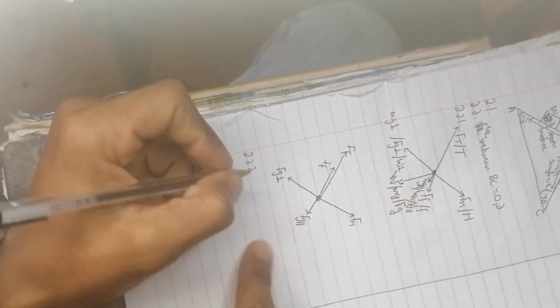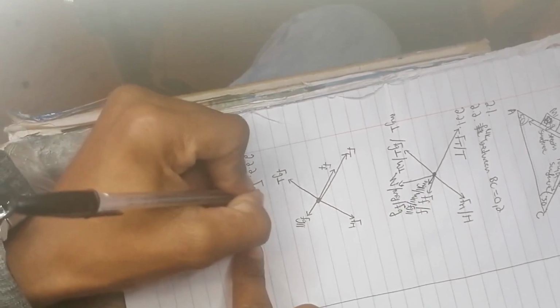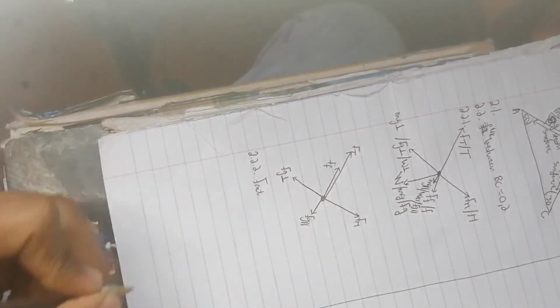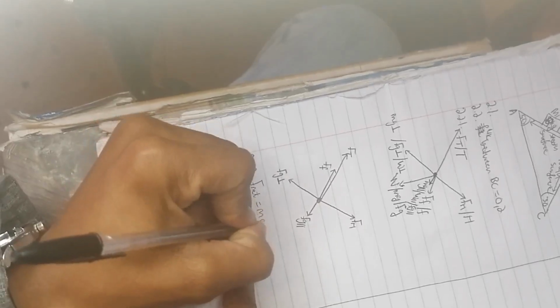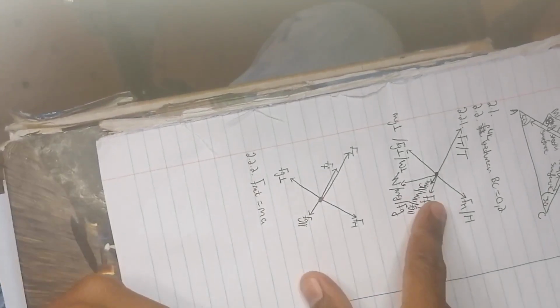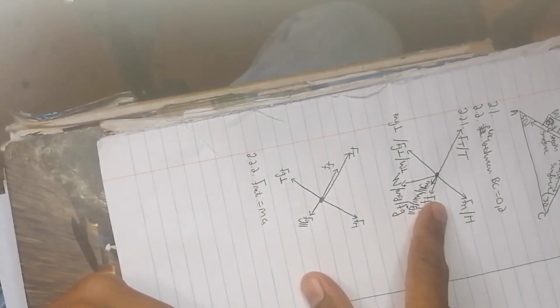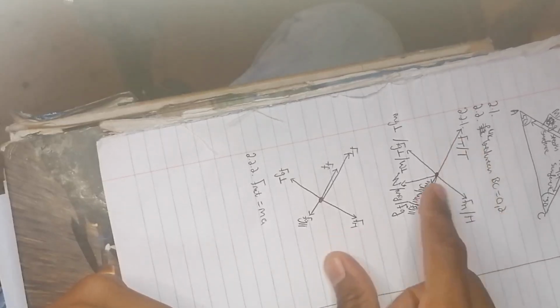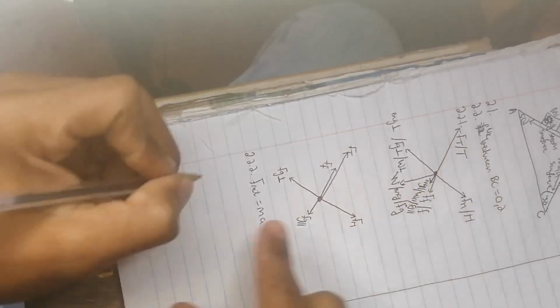We will apply Newton's second law, that the net resultant force, which is the sum of all the forces that are doing work, is equal to the product of the mass and the acceleration. So with this one, I am going to allow this to be positive, so these ones are going to be negative.